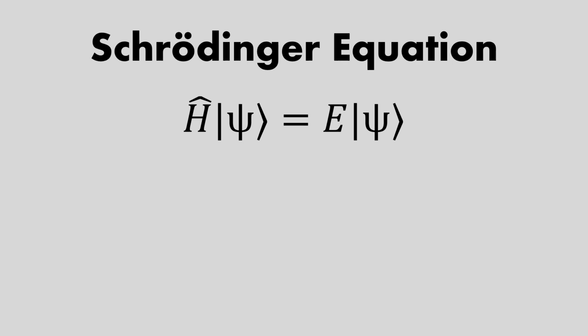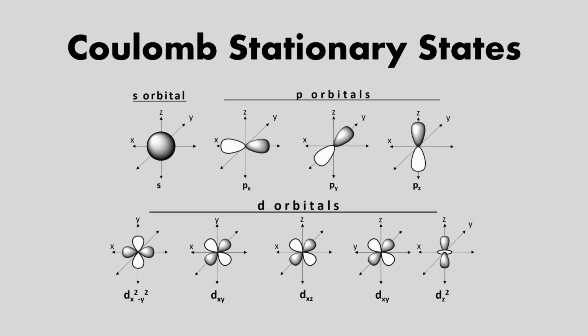Any quantum system is defined by its Hamiltonian and its stationary state. And this is why the Schrodinger equation is so important. If we work with the Coulomb Hamiltonian, we can calculate its stationary state, that are the atomic orbitals.